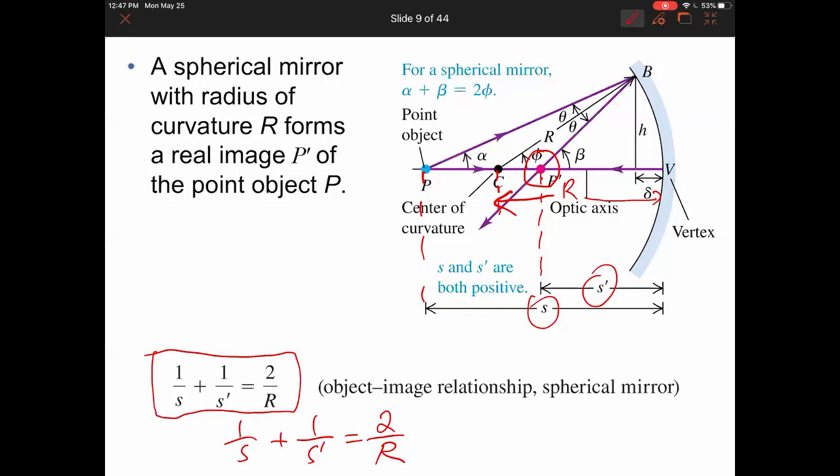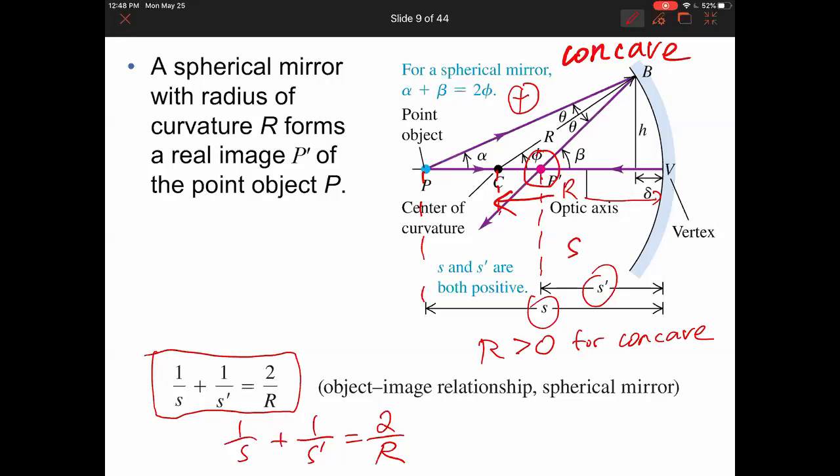Now, you can see the radius for this particular sphere, and remember, this is a concave sphere, so this point C is in front of the mirror. Remember, in front of the mirror is the positive side of the mirror. That means R is positive for concave mirrors. And look at the image here, this P prime: the image is also in front of the mirror.